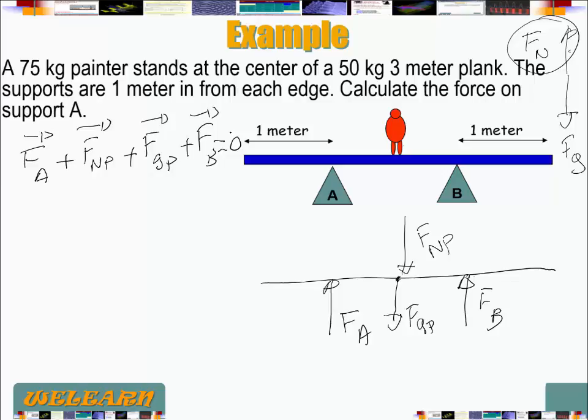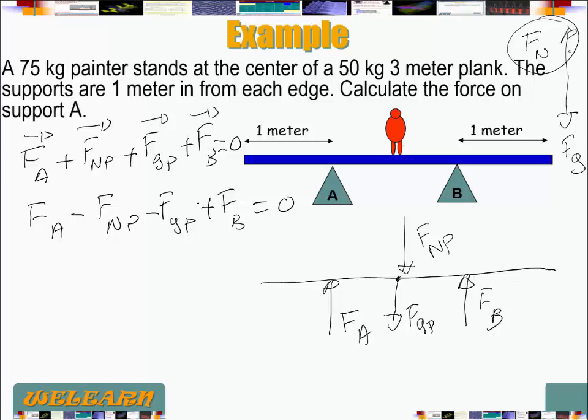So if I rewrite this equation with the upward direction being chosen as positive, I have FA minus FNP minus FGP plus FB is equal to 0. Now, obviously, this is not sufficient to solve for FA and FB. We have two unknowns and one equation.